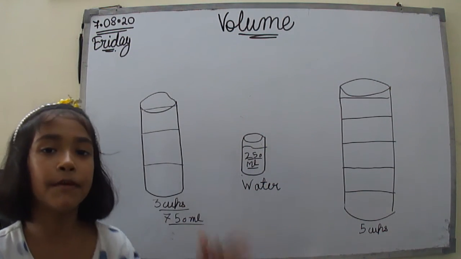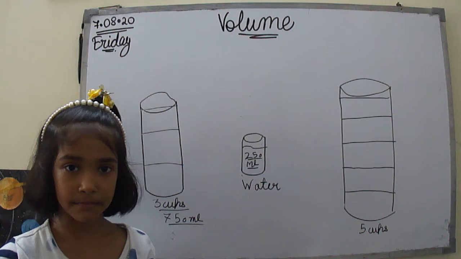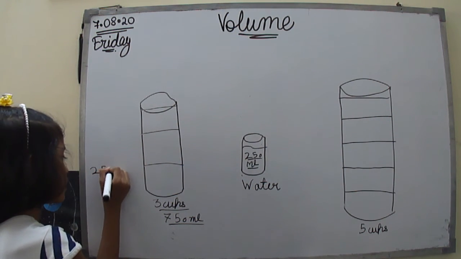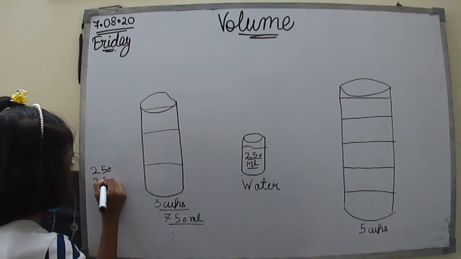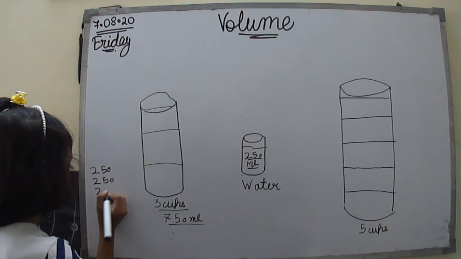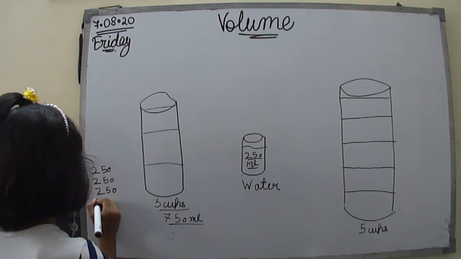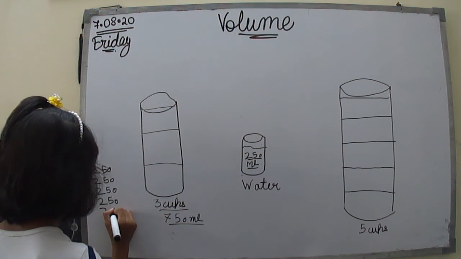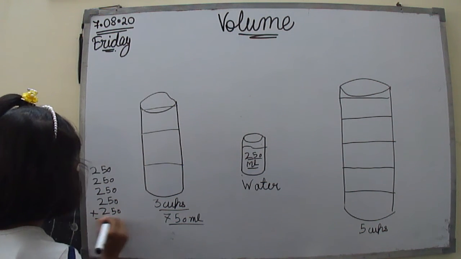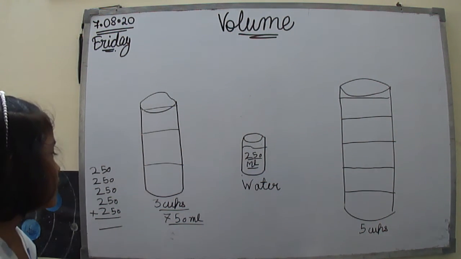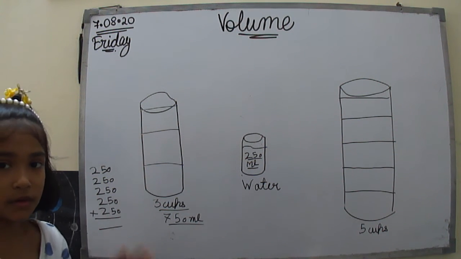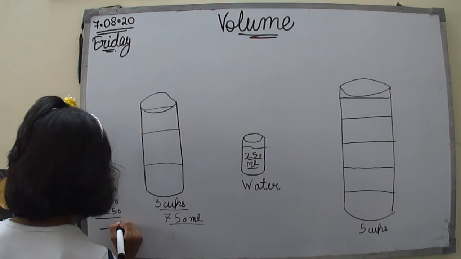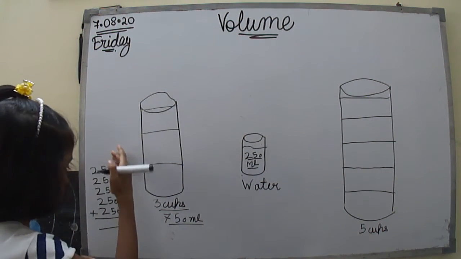Now you know that we add 250 five times. So let's add 250 plus 250 plus 250 plus 250. Now this is so hard to do. So 0 plus 0 plus 0 plus 0. Of course it is 0, because 0 is coming so many times.